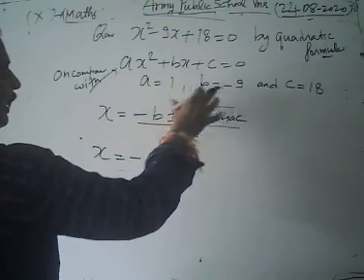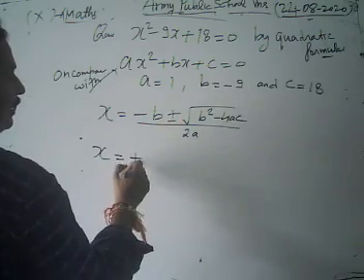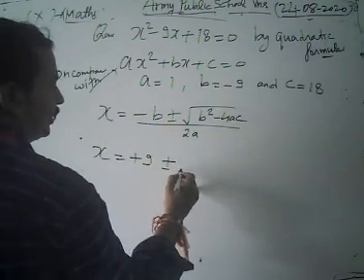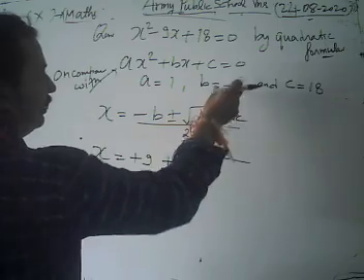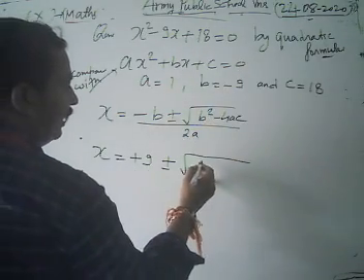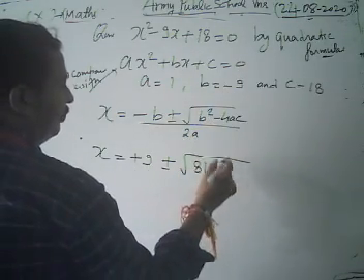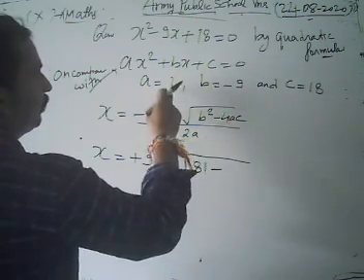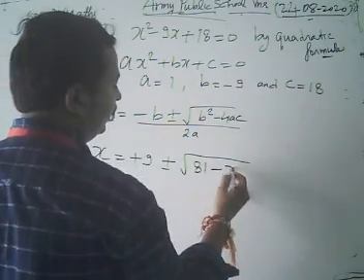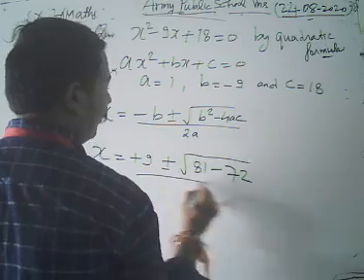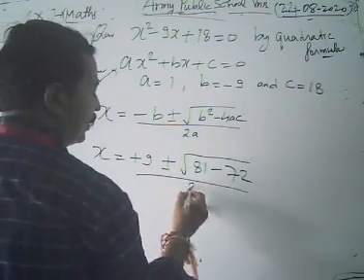What is your b? b is minus 9, so minus b is plus 9, and b square is minus 9 whole square, which gives 81, minus 4ac: 4 into 1 is 4, and c is 18, 4 times 18 is 72, upon 2a. a is 1, 2 times 1 is 2.